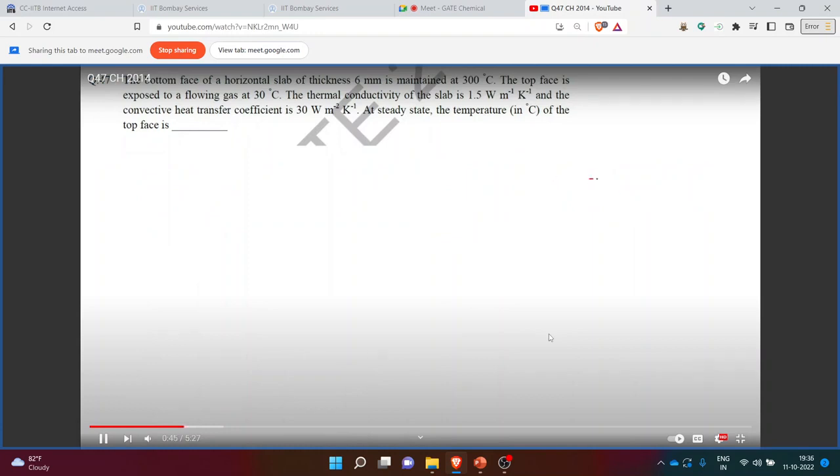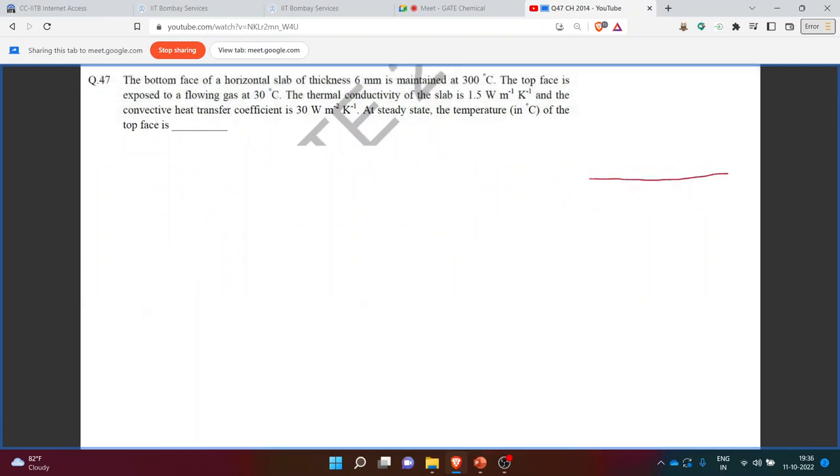Let's draw a general schematic. We have been given a horizontal slab, and the thickness is 6 mm, that is 6 into 10 raised to minus 3 meter. The bottom face of the slab is maintained at 300 degrees Celsius, and the top face is exposed to a flowing gas of 30 degrees Celsius.